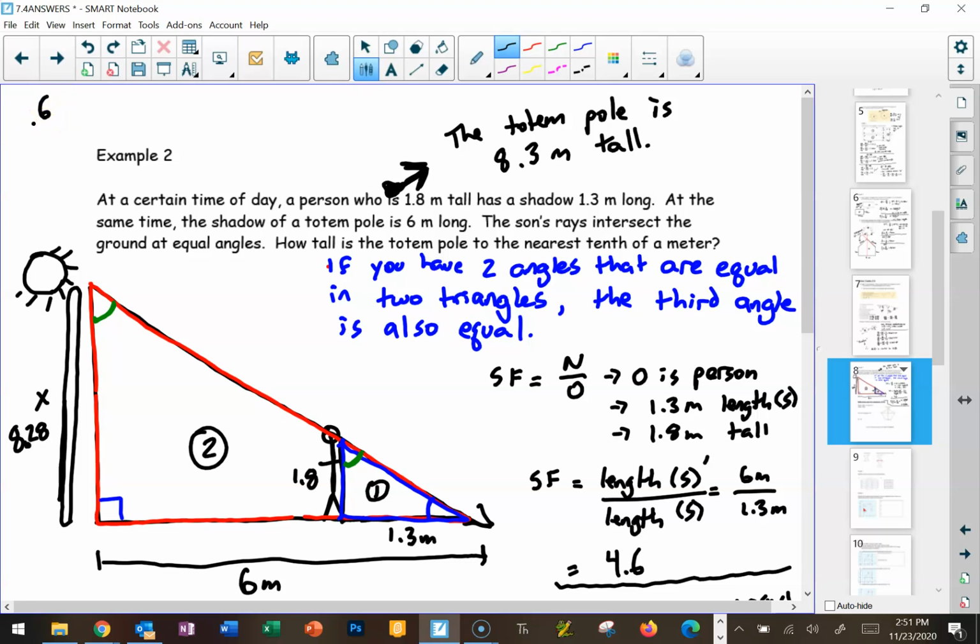So we could do 6 meters over 1.3 equals the height of the new one, which is x, over 1.8.